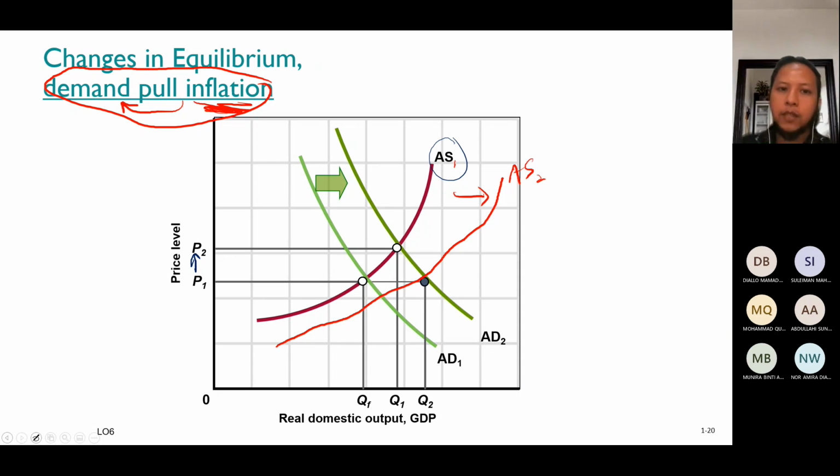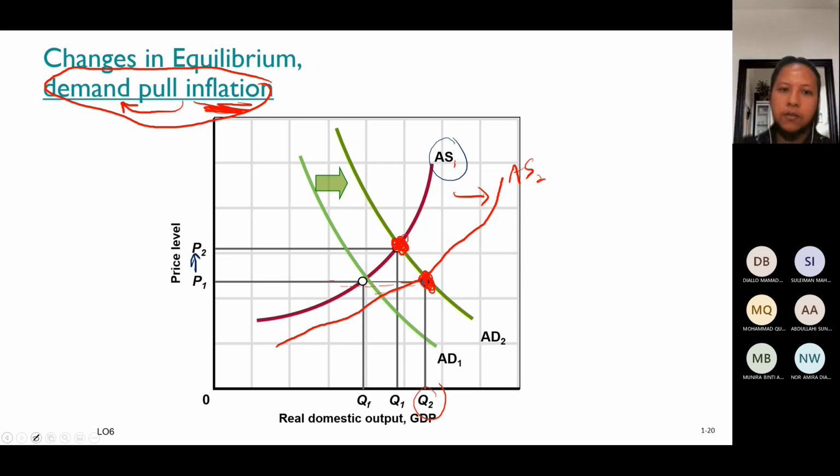If only aggregate demand changes, this is the equilibrium. However, now that aggregate demand and aggregate supply both change, you can see that this is the equilibrium, AS2 and AD2. The equilibrium increases the quantity. However, the price level does not change.